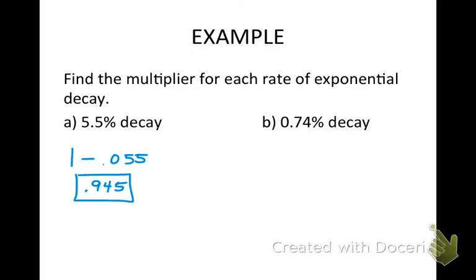What would it be for 0.74? 0.9926. We get that by doing 1 minus 0.0074.